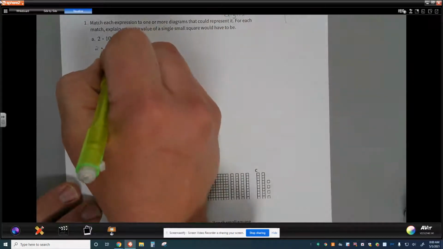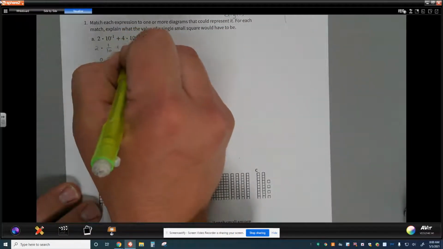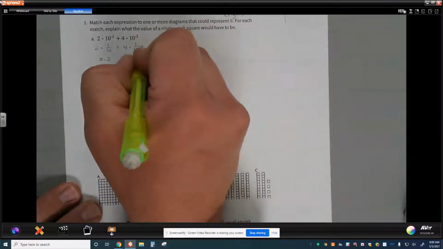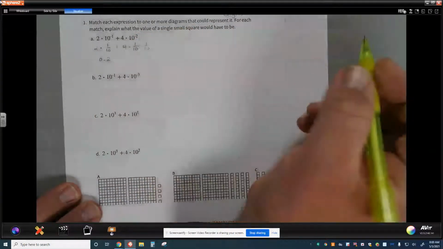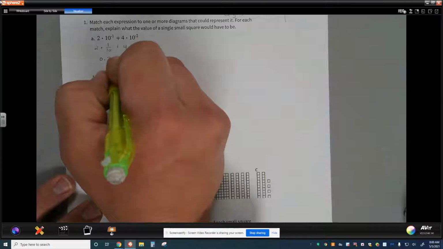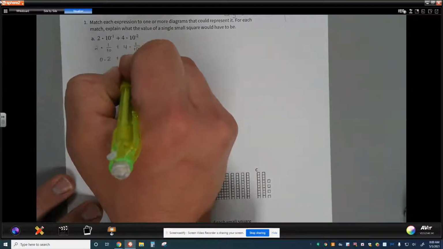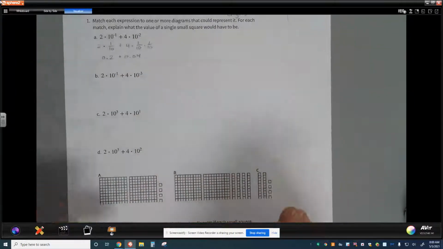We're going to add that with 4 times 10 to the negative second power, which is 1/10 times 1/10, or just 1/100th. So we're going to add this one to 4/100ths.